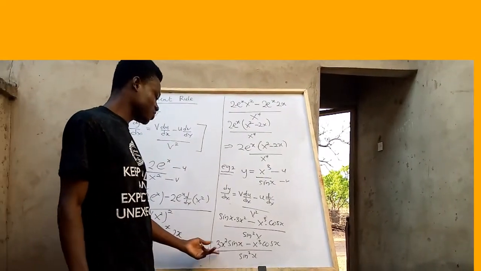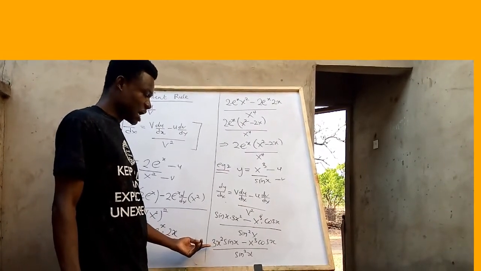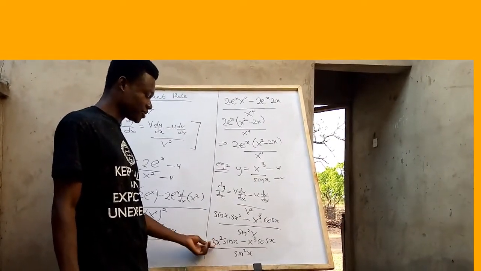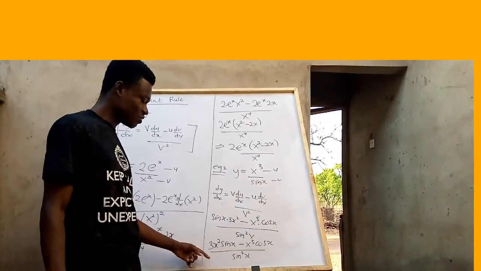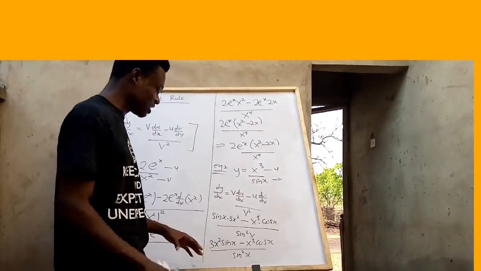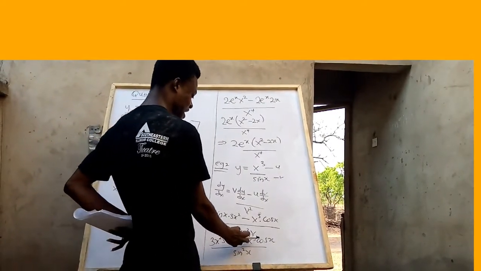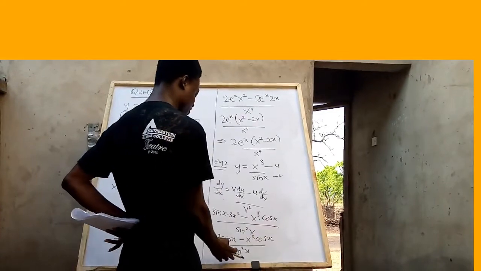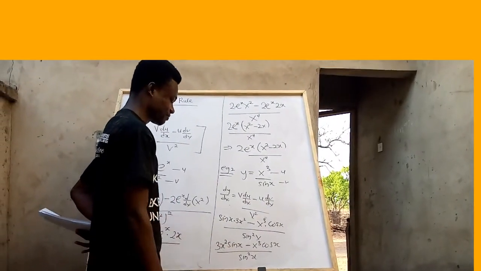Here, what you can do is factorize x squared out. When you factorize x squared out, you are left with 3 sine x minus x cos x all over sine squared x. And that's all that you can do here.